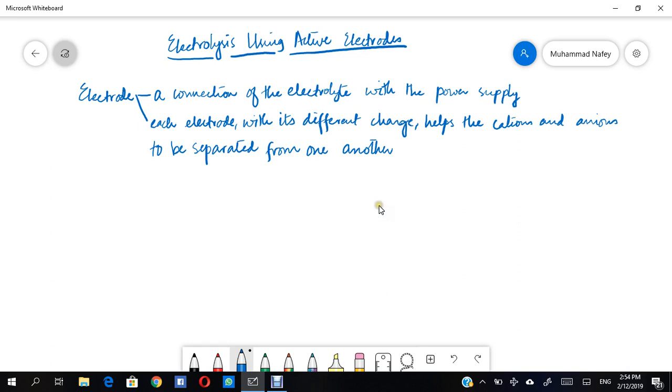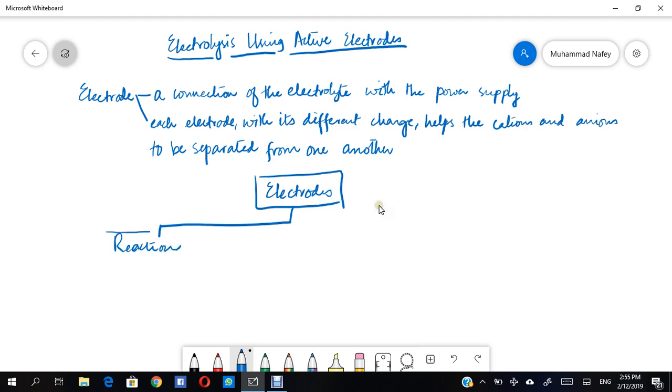Now coming to the classification. In the first video we studied that electrodes can be classified on the basis of two parameters. The first parameter was the reaction that takes place at each of the electrodes, and the second parameter was the material with which the electrode is made.